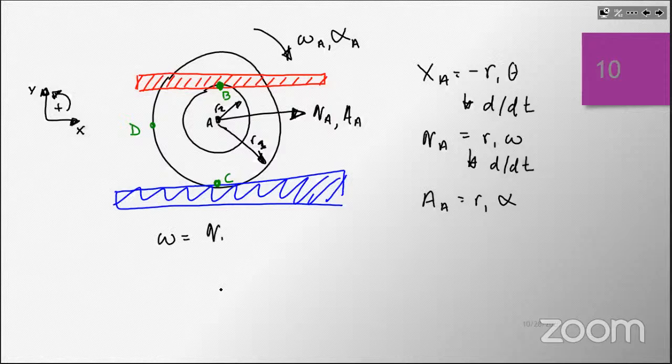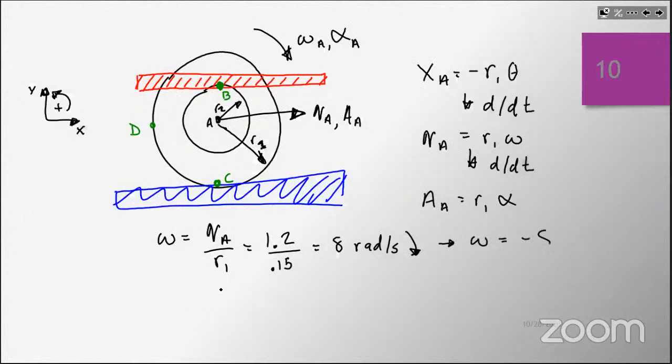Omega is just the velocity of A divided by R1, which is 1.2 over 0.15, which is 8 radians per second in this direction, or if we wanted to write it as a vector, negative 8k radians per second.